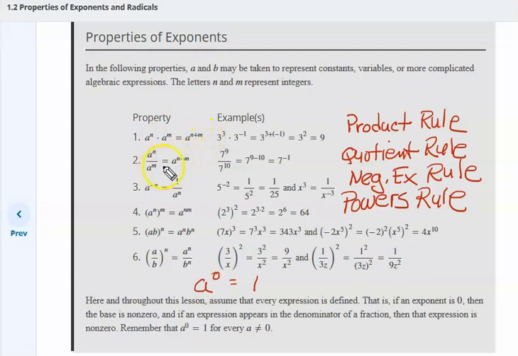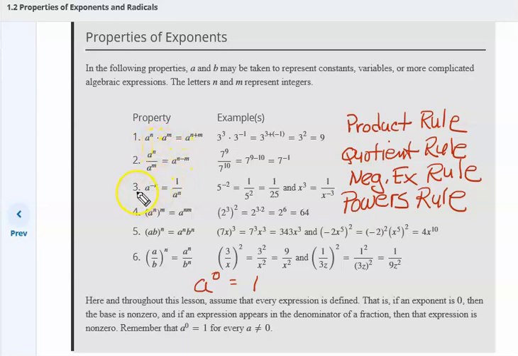Now this is the quotient rule, in which we are dividing. The bases again are the same. So we're just going to subtract the smaller from the larger, and depending on whether we want to keep our exponents positive or not, some may go down, some may go up.